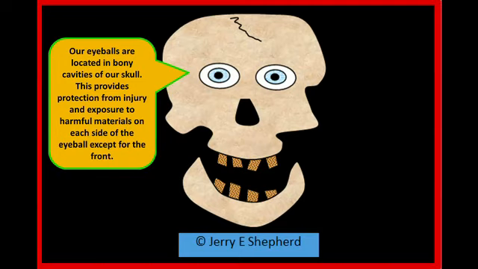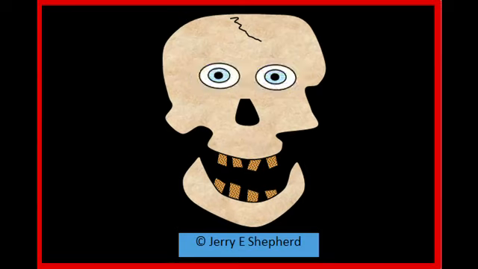Our eyeballs are located in bony cavities in our skull. This provides protection from injury and exposure to harmful materials on each side of the eyeball except for the front. To protect the front of the eyes from unwanted material, insects, and from injury, eyelids are provided that are formed from muscular tissue and fibrous plates that are located in front of the eyeballs.